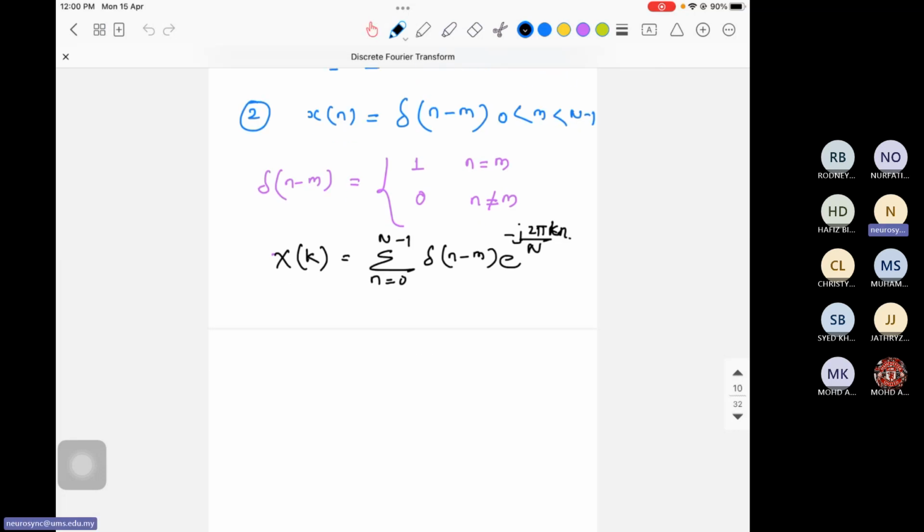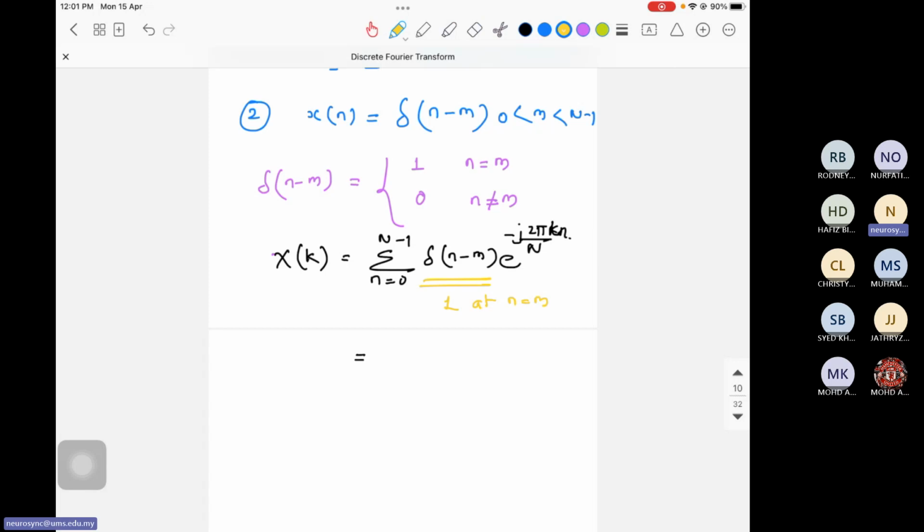Now in this case, for n equal to m only I have value 1. Otherwise, I have value 0. So the output of this is basically value 1 at n equal to m. So what are we left with?